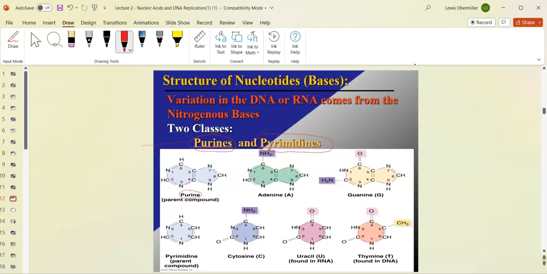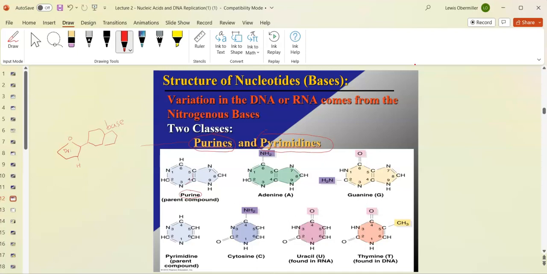And if we look at DNA, I'm just going to quickly draw out DNA. So this is DNA. This is a hydrogen on number 2. Here's the base. I'm not going to draw out every little structure on here, but this would be the base, which we're talking about. This is the sugar, deoxyribose.